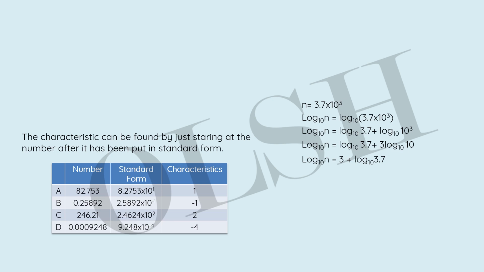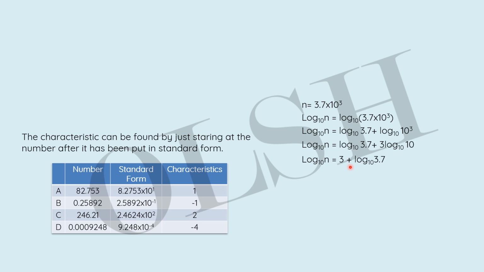You can see 3 there. That 3 represents our integral part, while the log 3.7 to base 10 is the mantissa of the logarithm expression. We already have our characteristic as 3, so we keep that aside. We find the mantissa and then we add both of them together to get the log of the number. So this is just a proof of what we talked about.